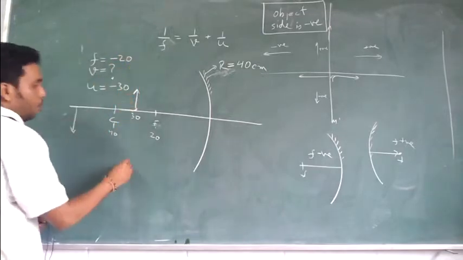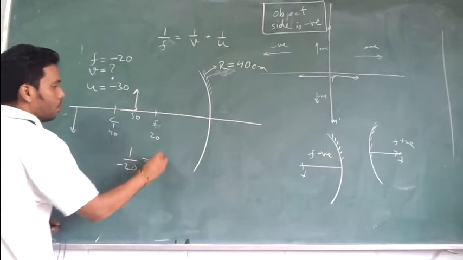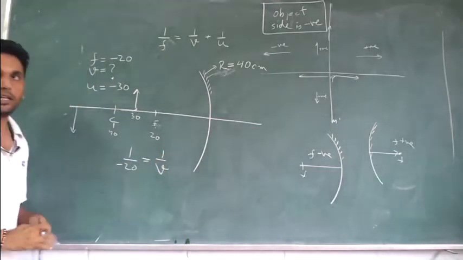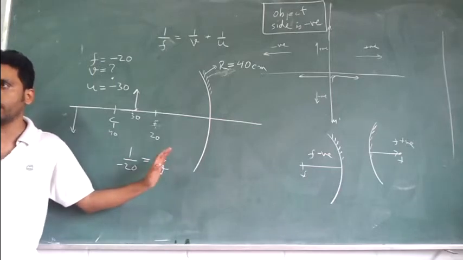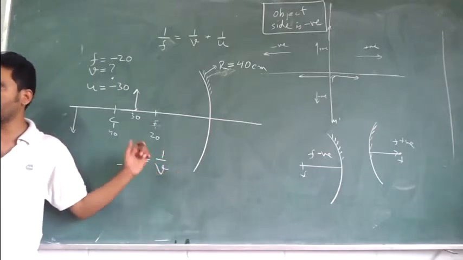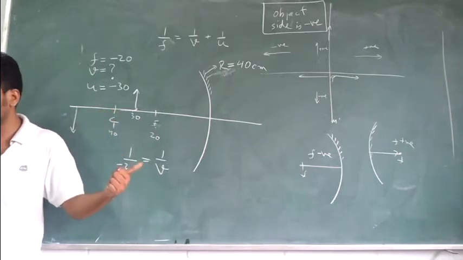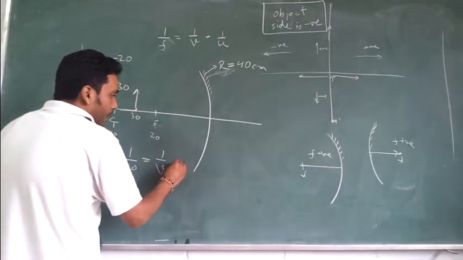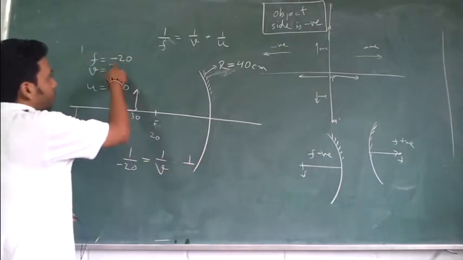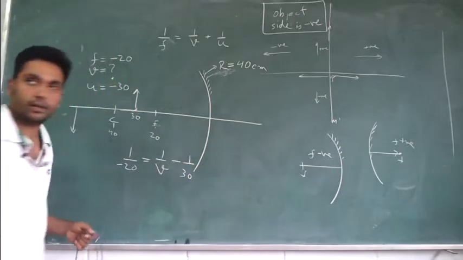So 1 by F, which is minus 20, is equal to 1 by V. Even though I know my V is negative, I am not going to put minus V over here. These are variables. Do not put signs on that. When you have actual numbers for that, put a sign. There is a point. Minus 10 or plus 10. Not with the variables. Plus 1 by U is how much? Minus 30. So I will write in fact minus 1 by 30.